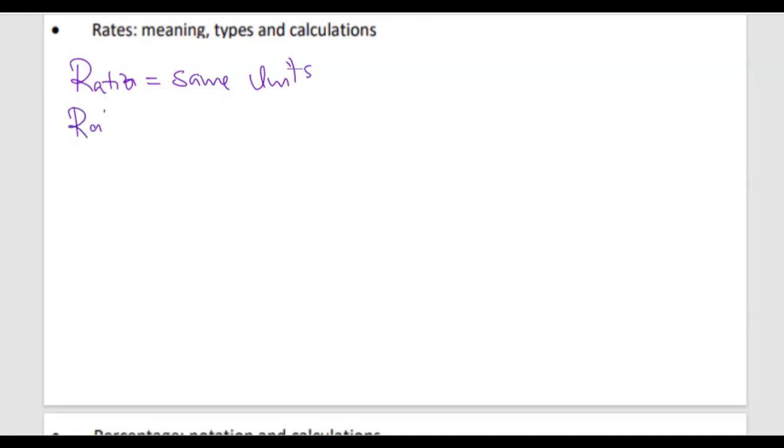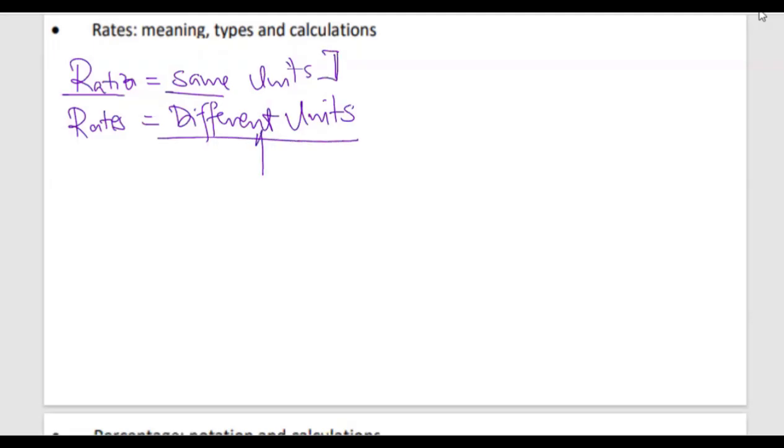Then rates look at different units. So if ratios are for the same units, that's why we don't have units on ratios, but rates are different units, and we shall see it.